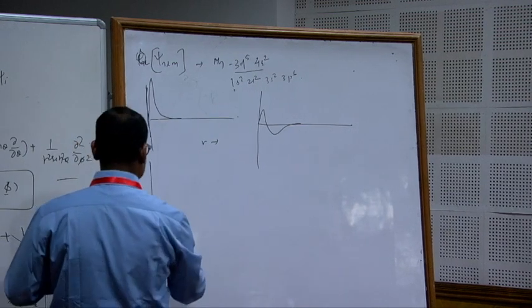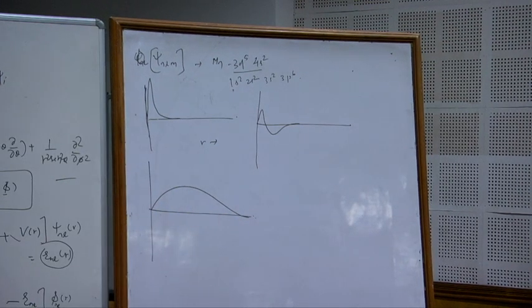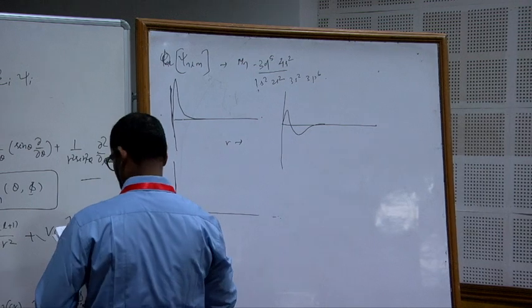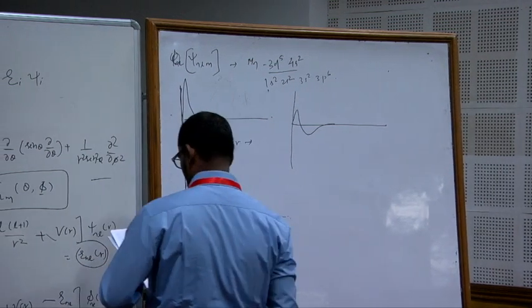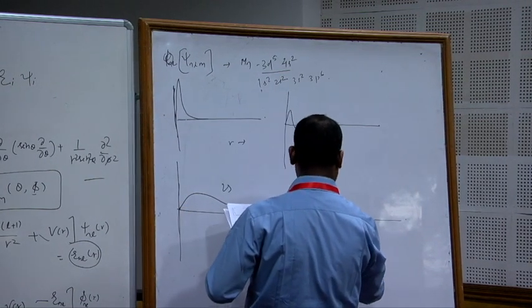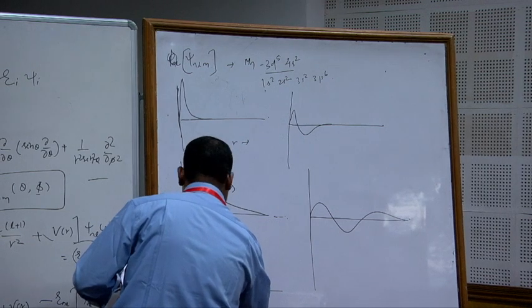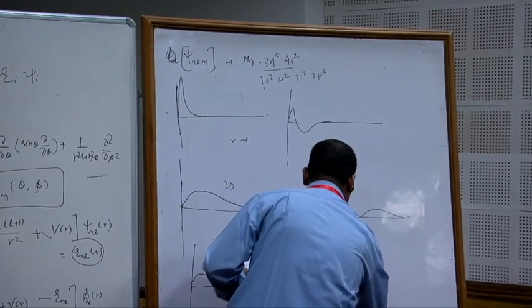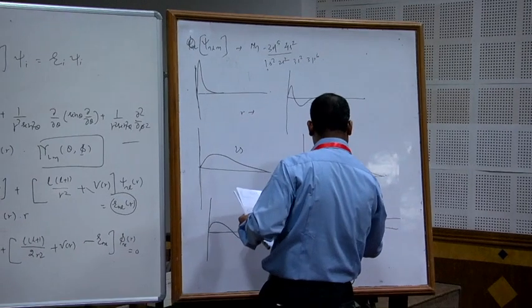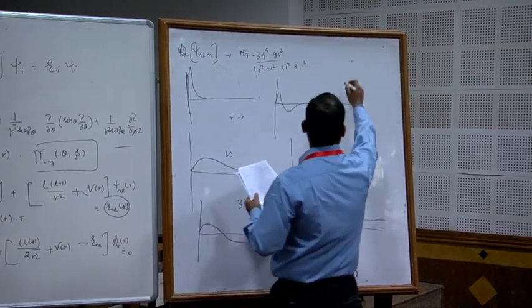Similarly, if you keep on drawing this, then you have 2s, your 3s goes something like that, your 3p, and similarly your 4s.